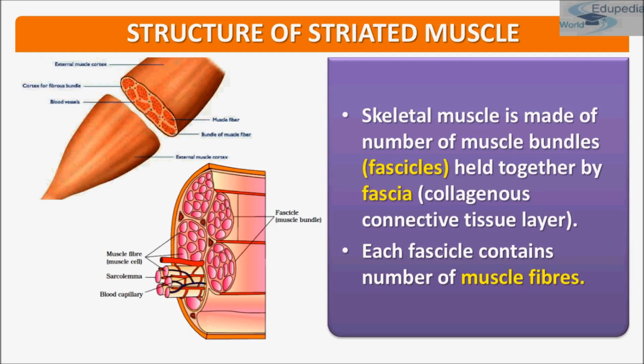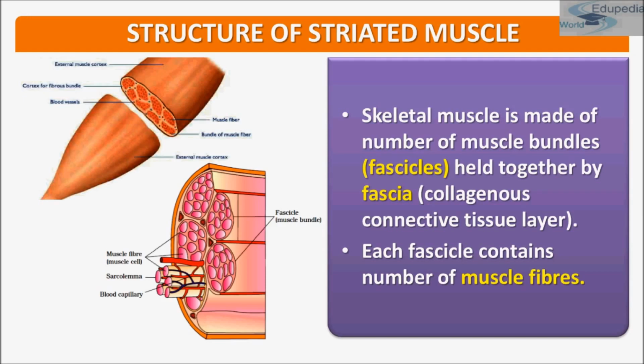The entire muscle as well as individual cells are wrapped in collagen. Near the end, the collagen merges to form a tendon which attaches muscle to bone. It is through this connective tissue that the force generated by individual cells is transmitted to the bone.